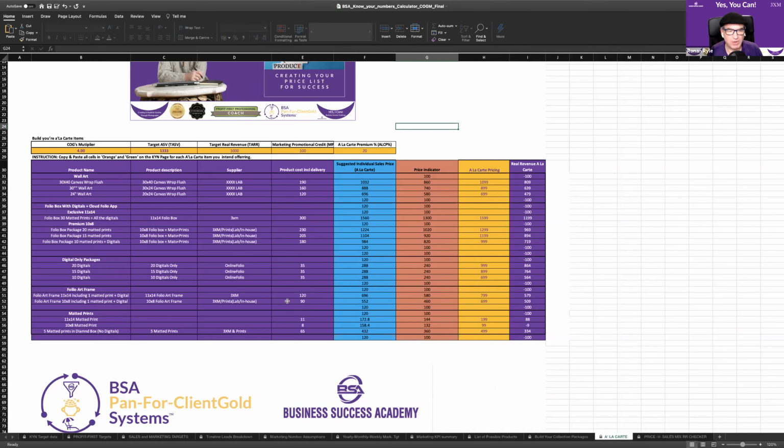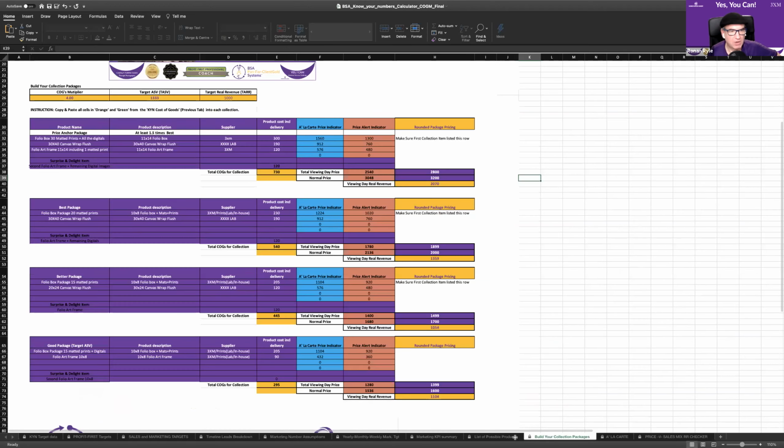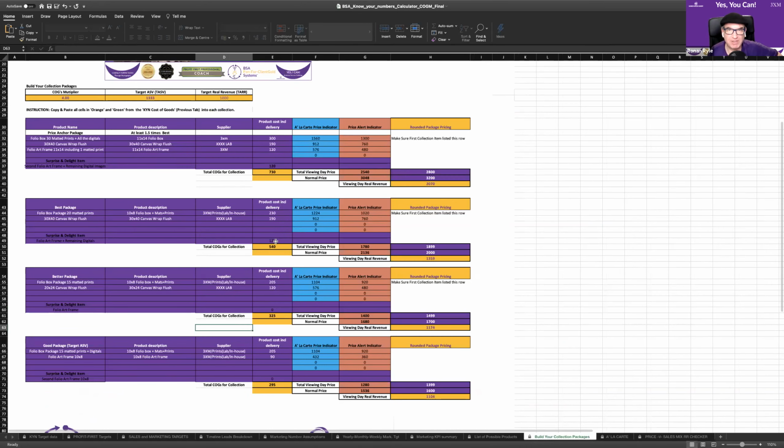So the folio art frame that I have here, do you remember that surprise and delight that I wanted to put into my higher collections? So here it's costing me 120. It's on my price list at 799. I never expect to sell it, right? But here's where I'm using it. When somebody buys my top 2 packages, actually I'm going to change that to 0. When somebody buys my top 2 packages, I'm putting that surprise and delight cost in for me because it's a cost for me, but this is something I'm going to gift them.